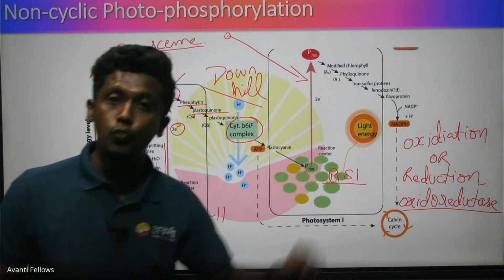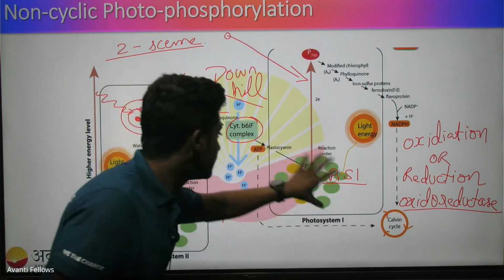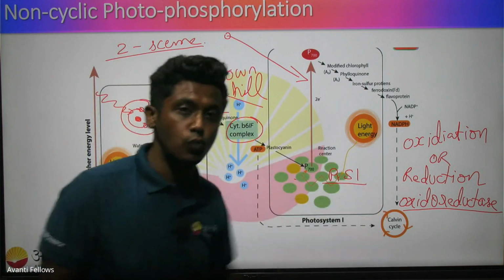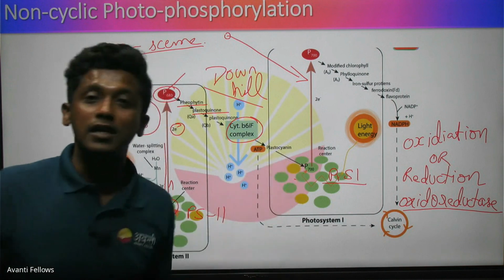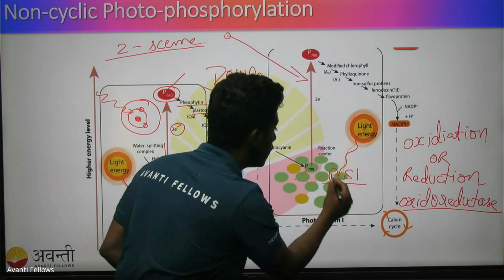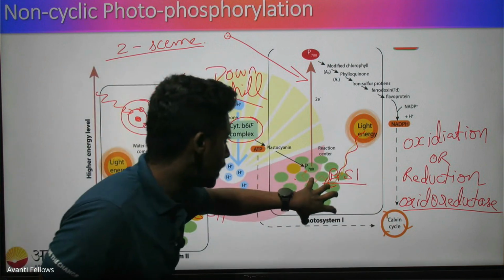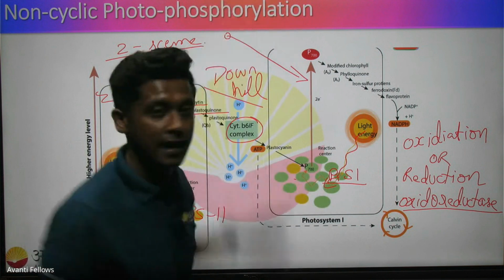It is PS1. By the time it reaches PS1, the electron is not in an excited state. Again, light is incident on photosystem 1, and the electrons get excited again.